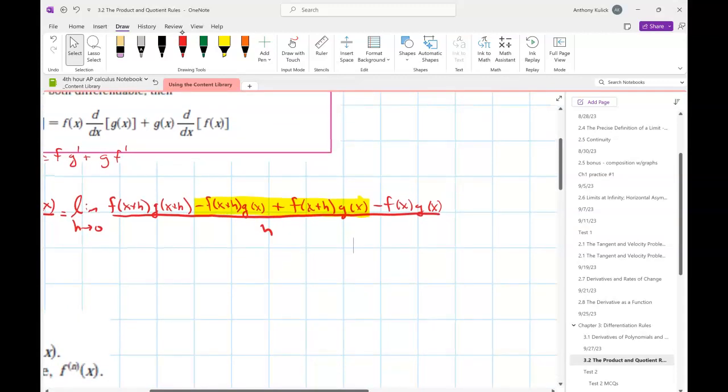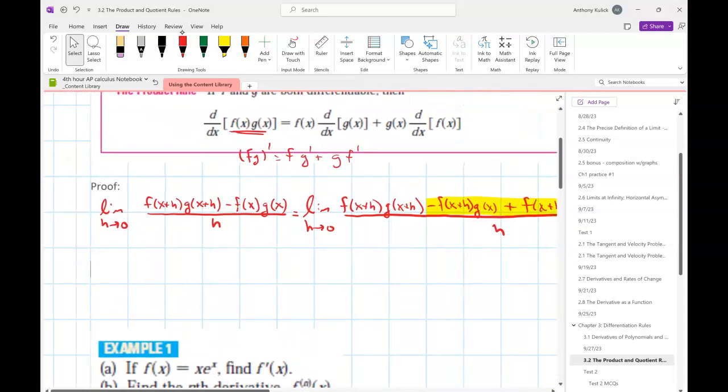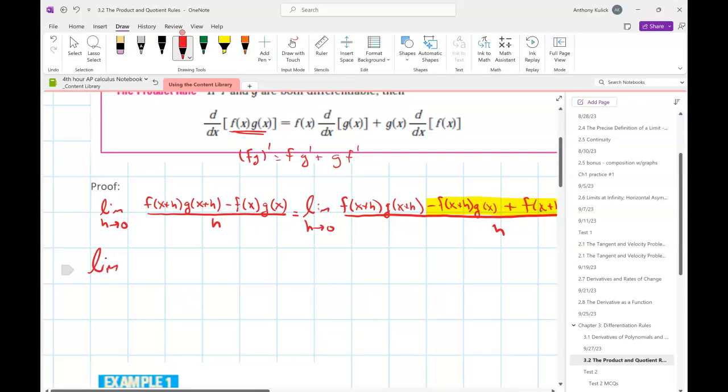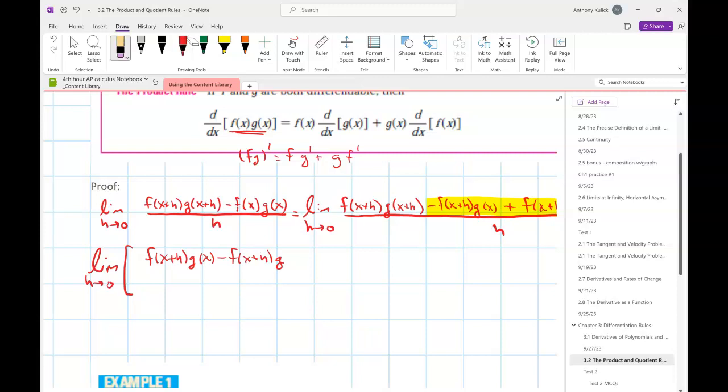All right, what I'm going to do next is break that into 2 fractions, with a common denominator, as so.